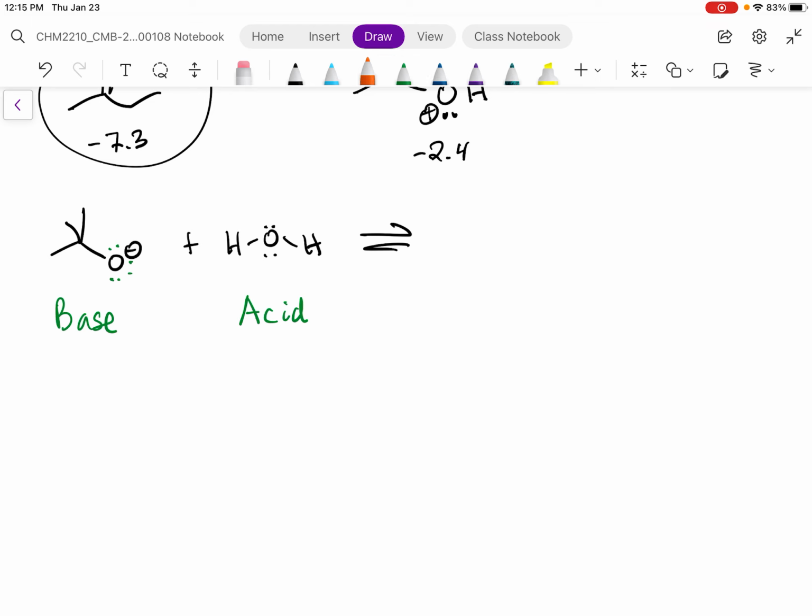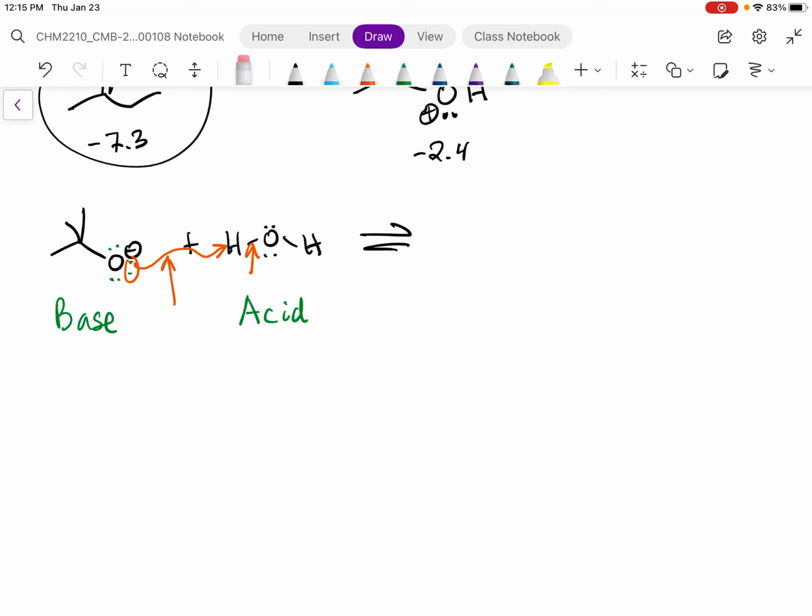And the mechanism is showing how the electrons flow to form bonds. So we're going to take this lone pair right here, and it's going to come and form a bond with that hydrogen atom. If I just leave that one orange arrow, hydrogen has a bond right there, and this is now turned into a bond.